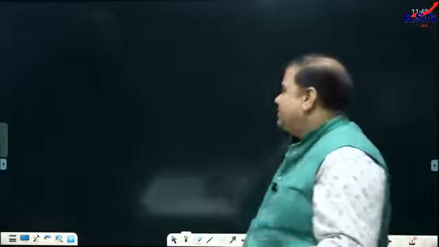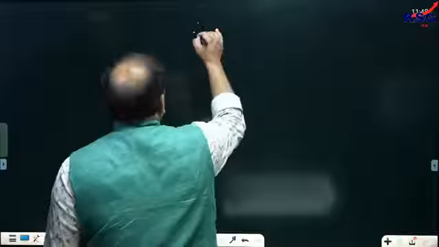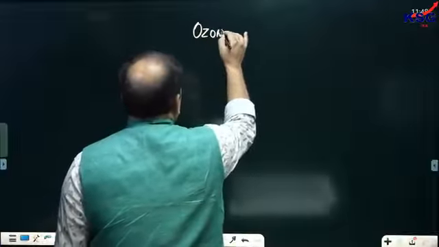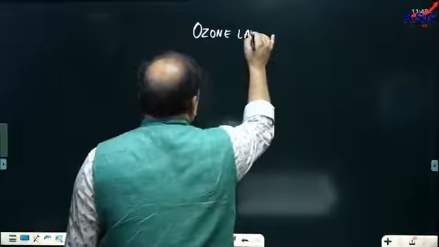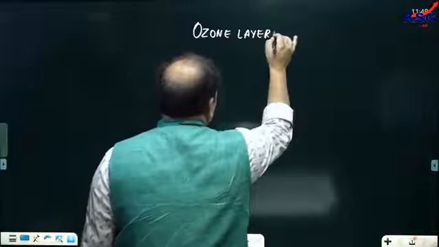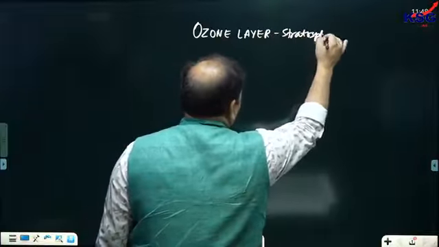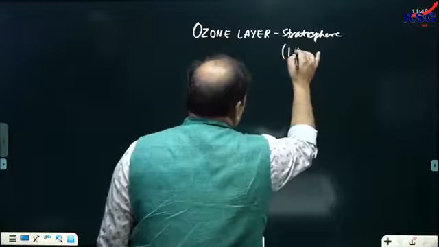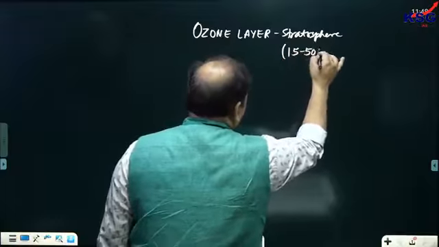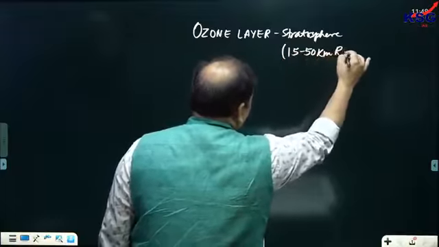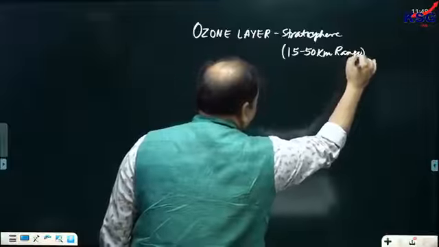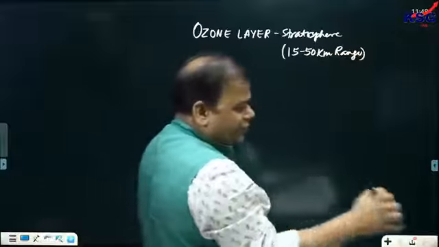Clear? Write down. First of all, the introductory part. Ozone layer is present in the stratosphere, from 15 to 50 kilometer range.